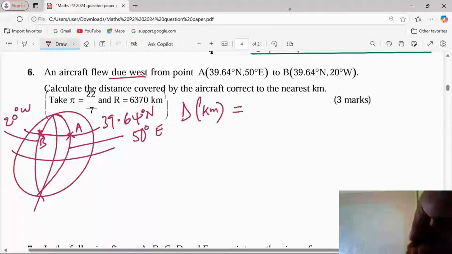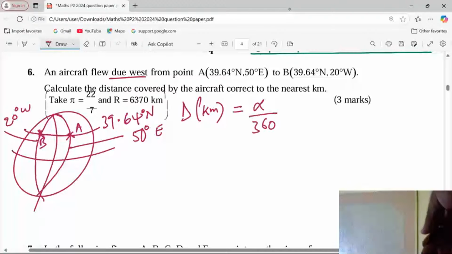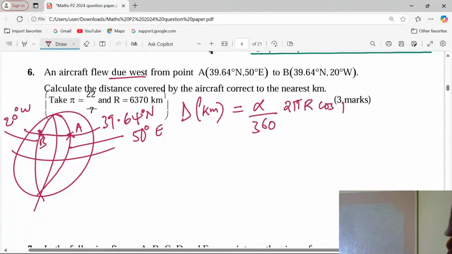So now, along a small circle, the distance is the angle difference divided by 360 multiplied by 2 pi r cosine of the latitude where the two places are lying.